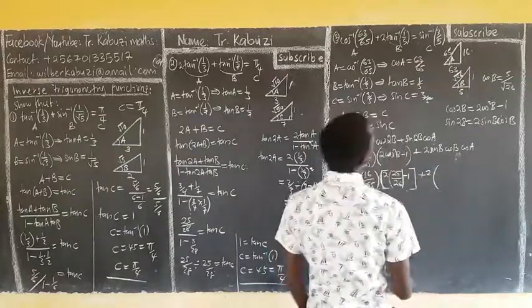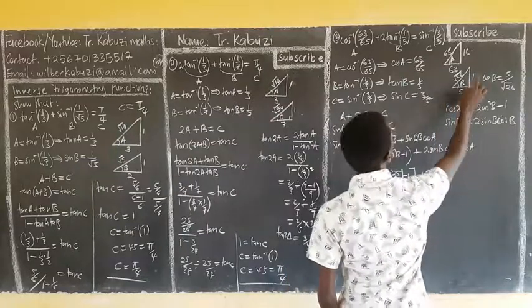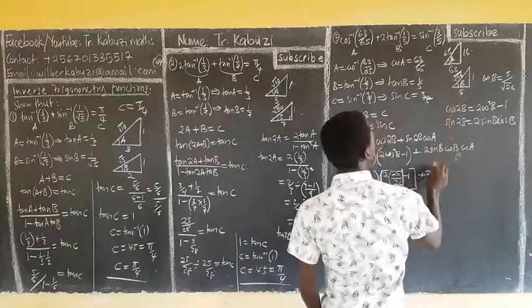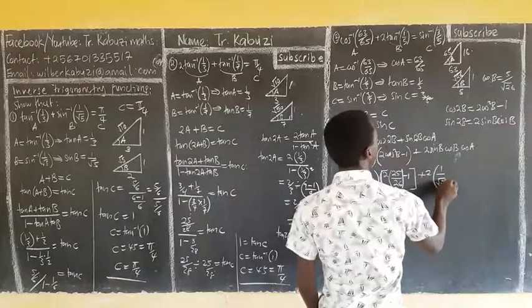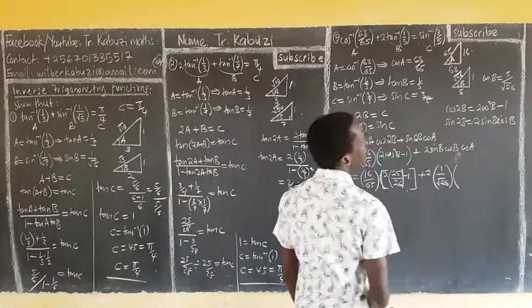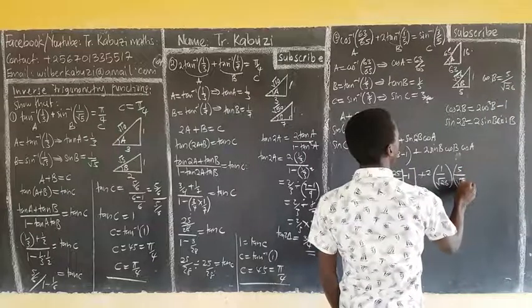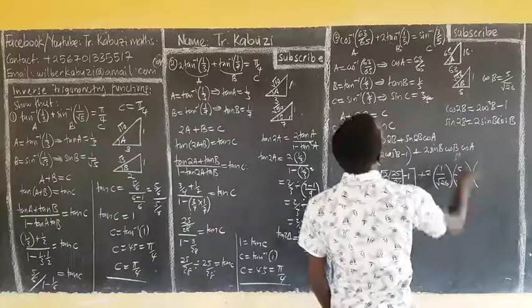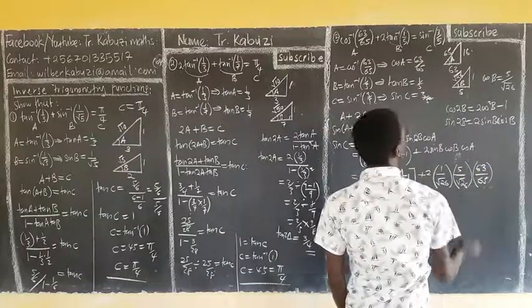Then plus 2 into sine B. We can come here and get our sine B. Sine B will be opposite over hypotenuse, which is 1 over root 26. Then times our cos B, we have seen our cos B is here, 5 over root 26. Then our cos A is here, 63 over 65.